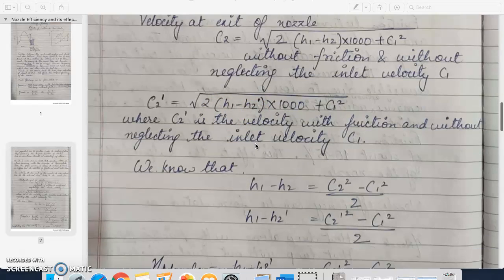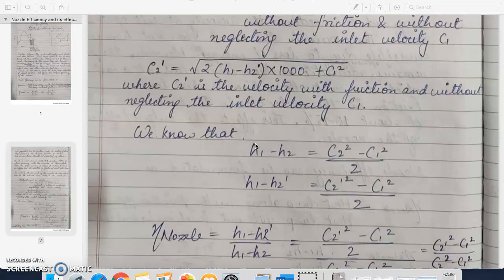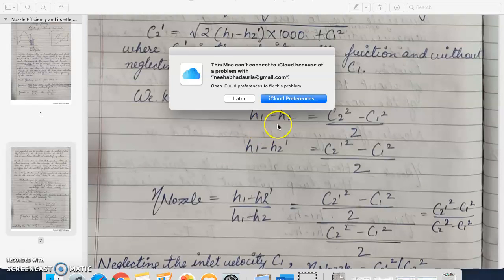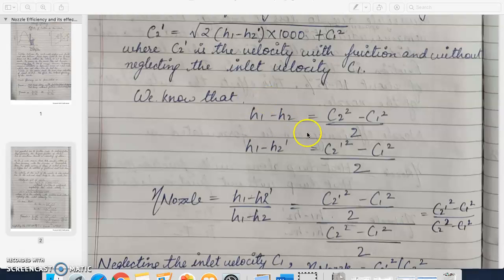Now we can also write the efficiency of the nozzle in terms of this velocity by using the formula which we derived earlier using the steady flow energy equation, H1 minus H2 equal to C2 square minus C1 square upon 2. We can also write it for the actual conditions, which will be H1 minus H2 dash, the actual heat drop, equal to C2 dash square, that means the actual velocity square, minus C1 square upon 2.